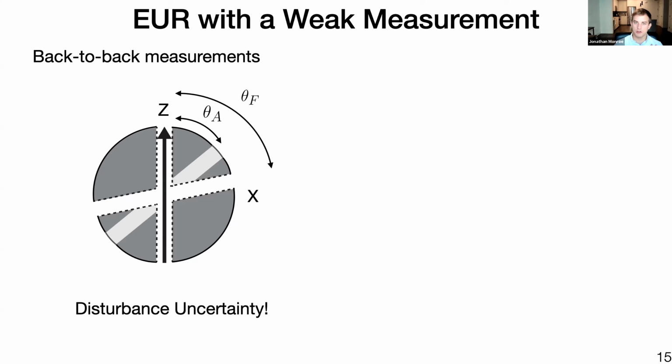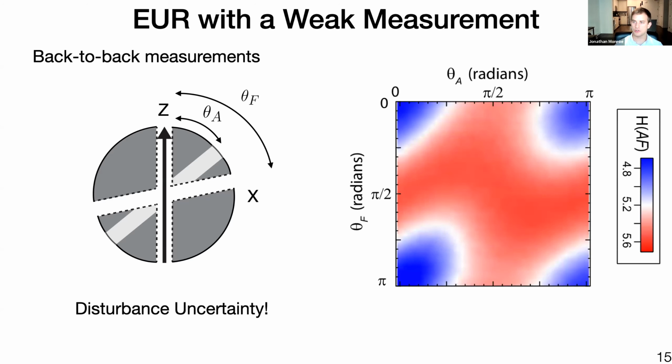Okay, and so we have these two measurement configurations. And so I can measure the entropy at each of these different configurations. And that's what I'm showing here on the right. As a function of the weak measurement angle along the x-axis and the strong measurement along the y-axis, we get a whole distribution of different entropies. Here I'm no longer subtracting it, and so the entropy has values of something like 5 bits or so, corresponding to 2 to the 5 different outcomes.